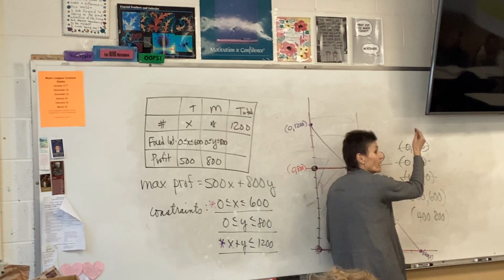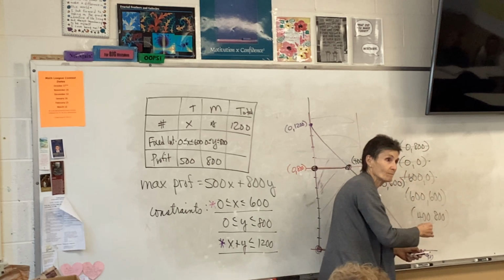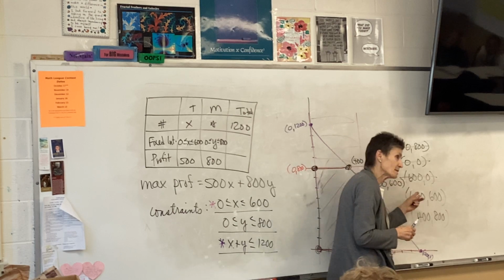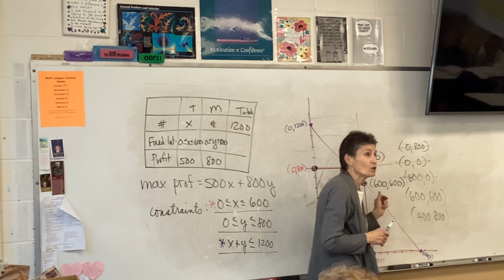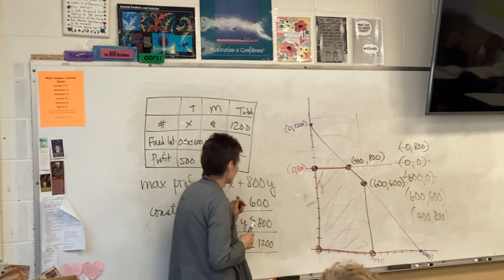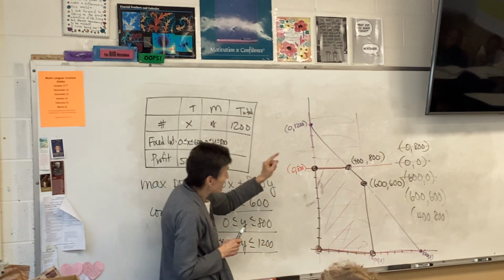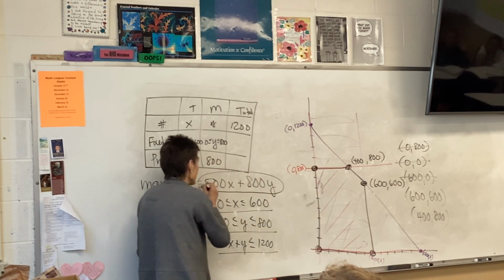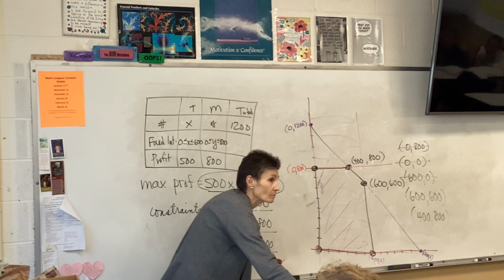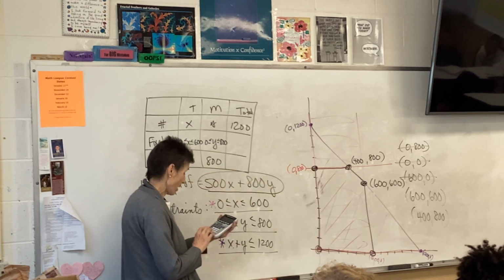You can evaluate all 5 if you want to. But if you can look at them and say, whoa, there's no way, then evaluate the ones you think have a chance of being the most. So how do you do that? We take, let's say 600, 600, and we put it in right here, right? So we find the profit.